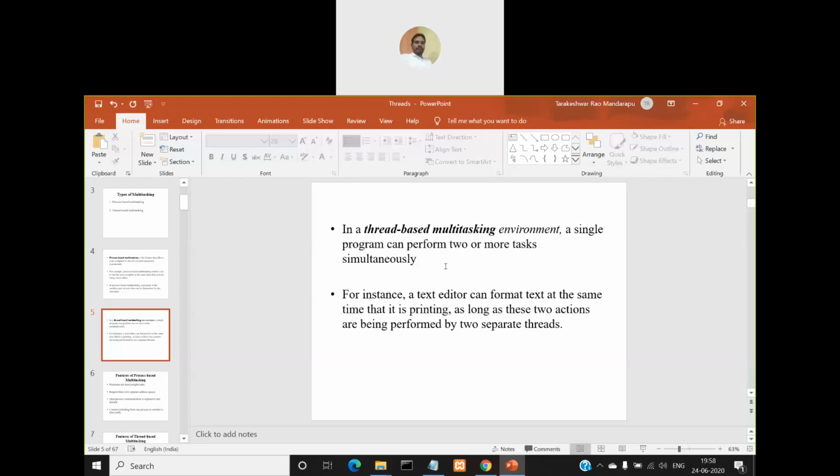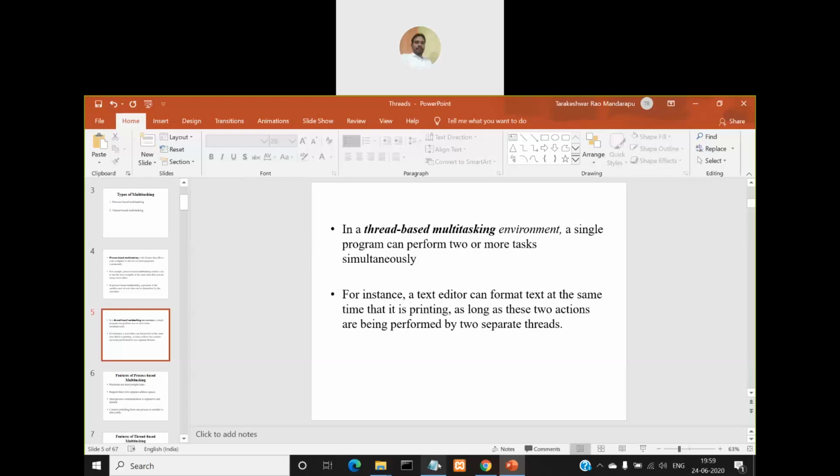The scheduler schedules the threads of a single process or program instead of scheduling processes. Program and process can be used interchangeably. So in a thread-based multitasking environment, a single program can perform two or more tasks simultaneously. For instance, a text editor can format text at the same time that it is printing.